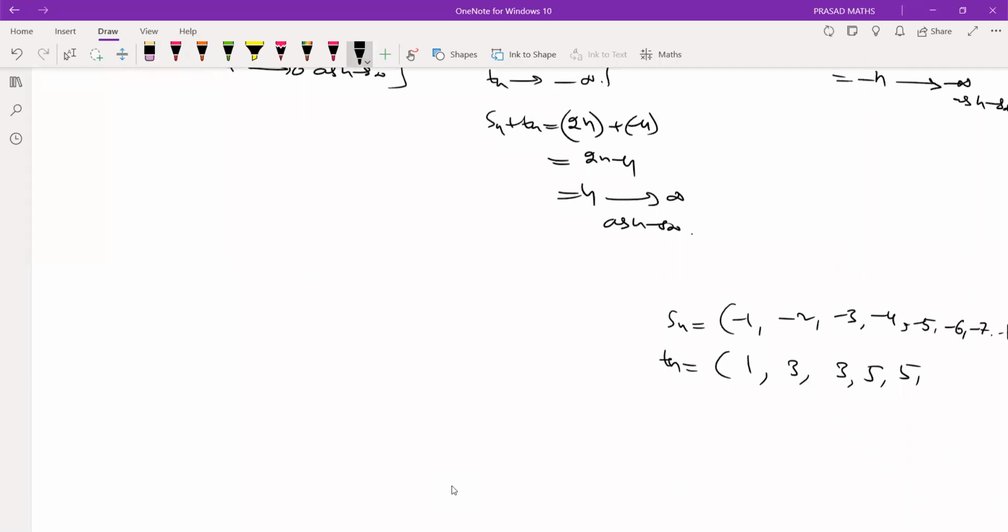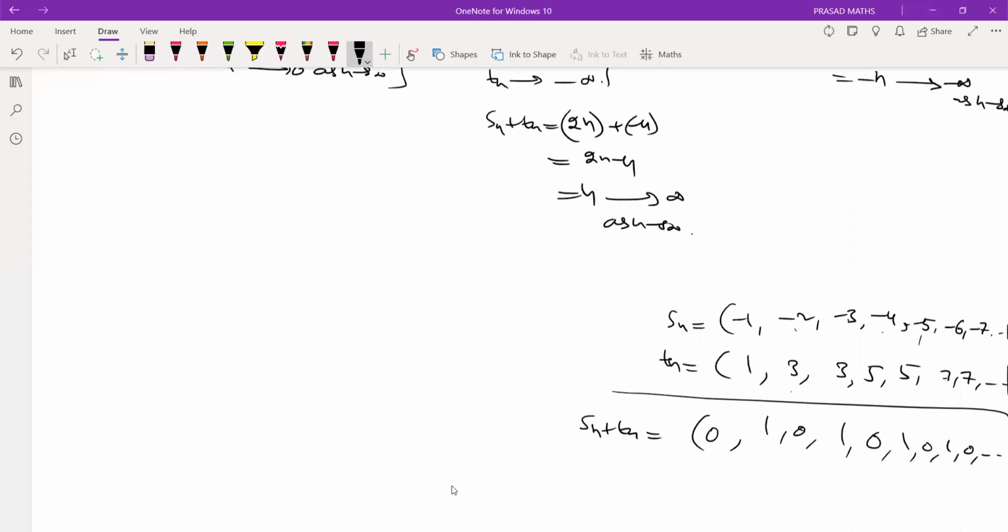So what is the sum? This is exactly minus 7, 7, comma 7, dot, dot, dot going on. That means once you take the sum, what you get? 0, 1. The sum is 0, again the sum is 1, 0, 1, 0, 1, 0, like this.